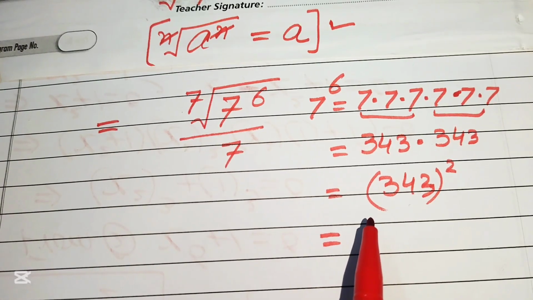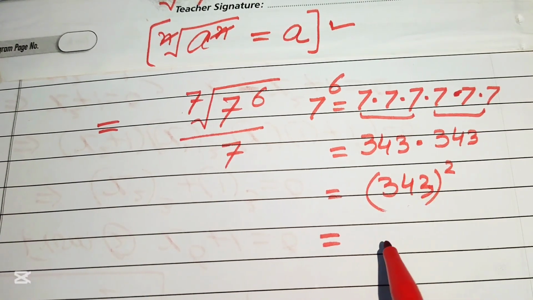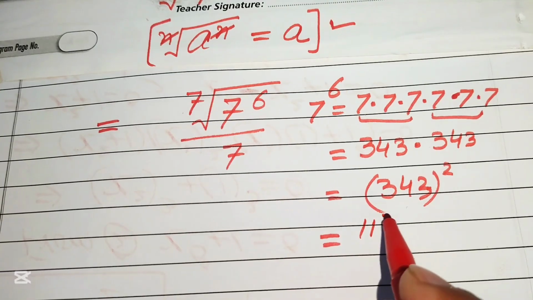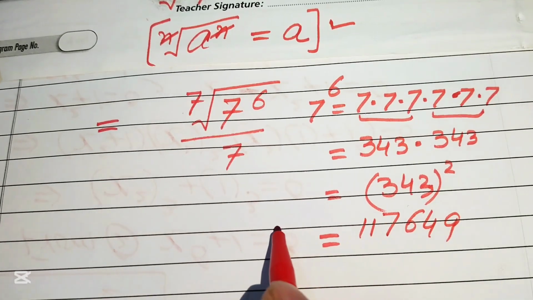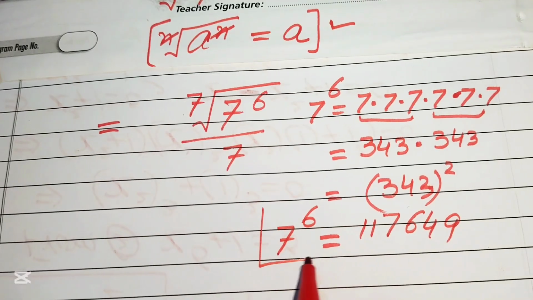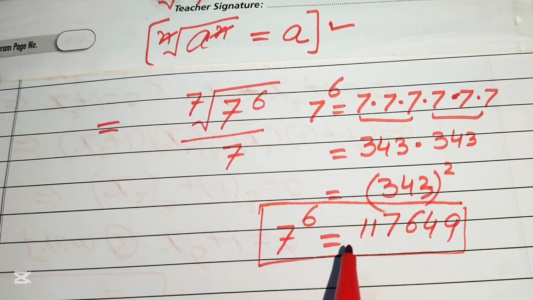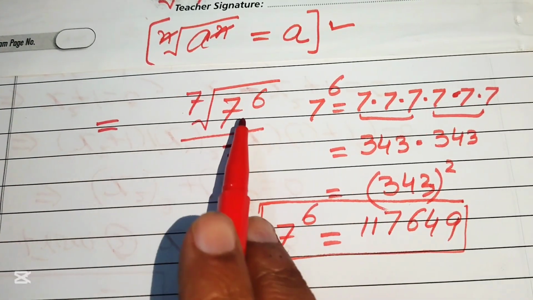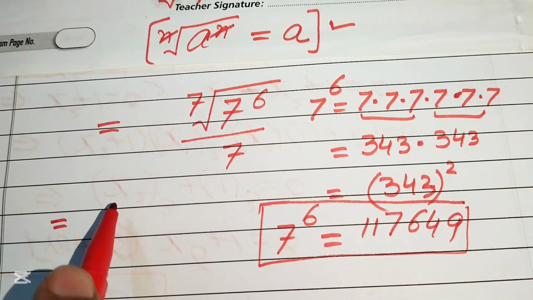And here I can just write the direct answer after multiplication of these two numbers. You will get 117,649. It means that the value of 7 to the power of 6 is equal to 117,649.